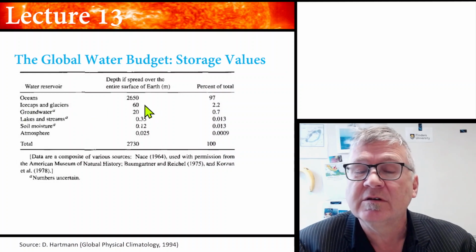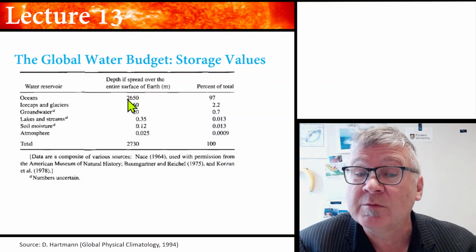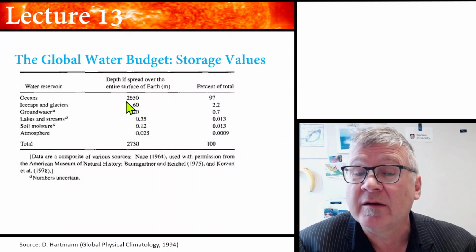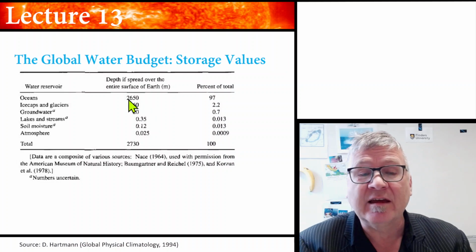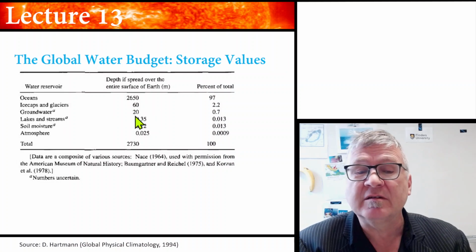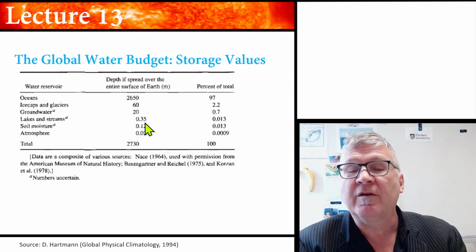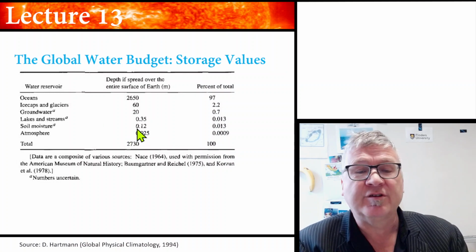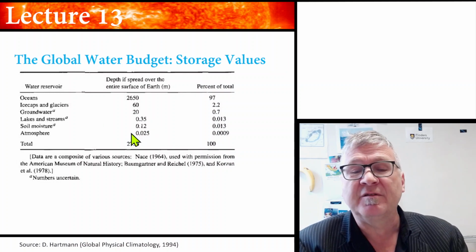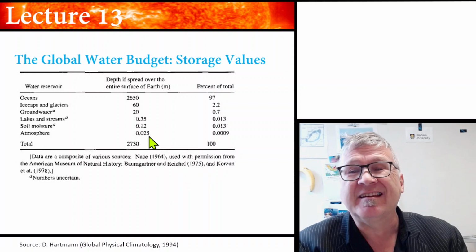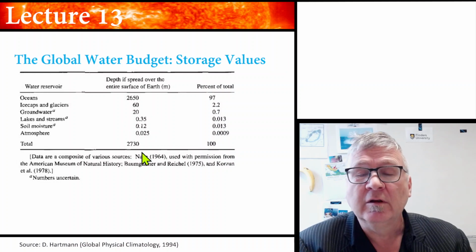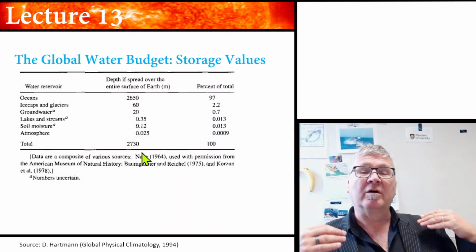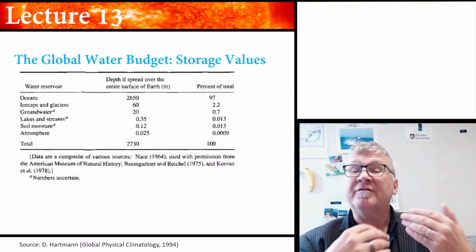For the ice caps and glaciers, 60 meters. If you melted all that ice, the sea level would rise by 60 meters if you spread it over the entire Earth. Groundwater 20 meters, lakes and streams 35 centimeters, soil moisture 12 centimeters, in the atmosphere 2.5 centimeters. You can work out the total, and then the relative percentages.